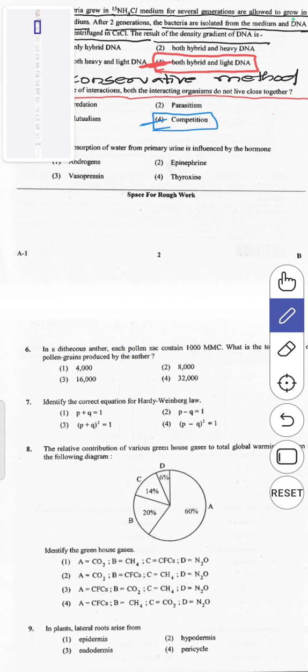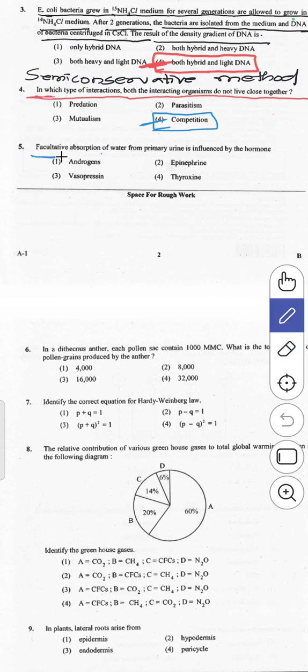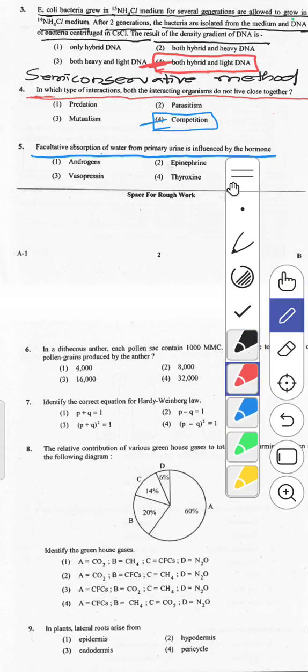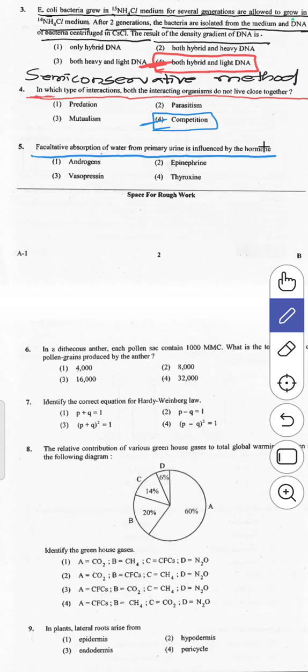Then the fifth one: facultative absorption of water from primary urine is influenced by the hormone. So absorption of water is done in the presence of the hormone vasopressin, or we can call it ADH, that is antidiuretic hormone.